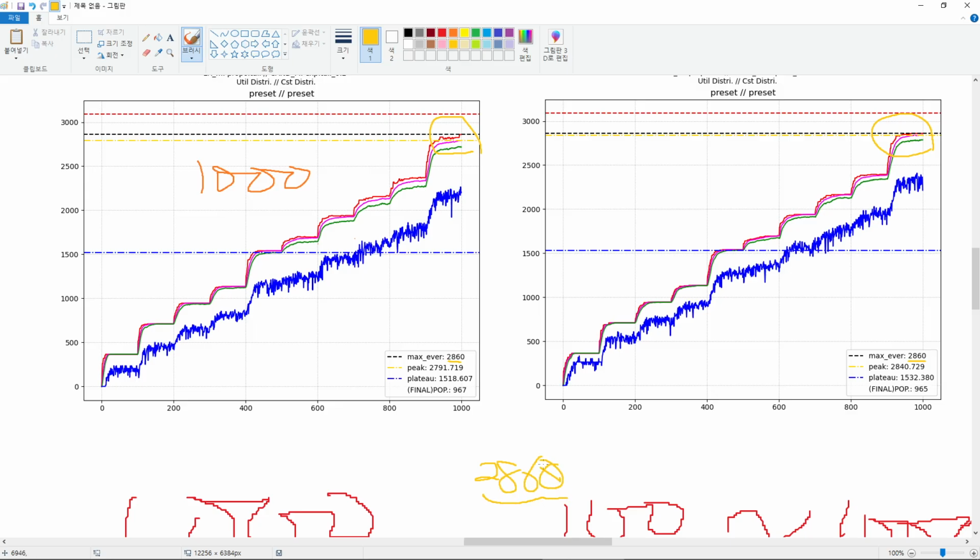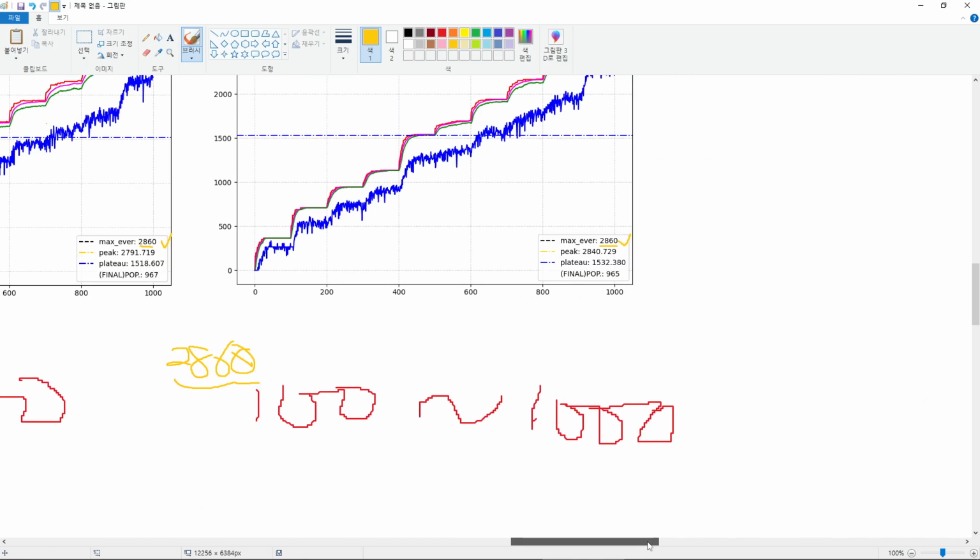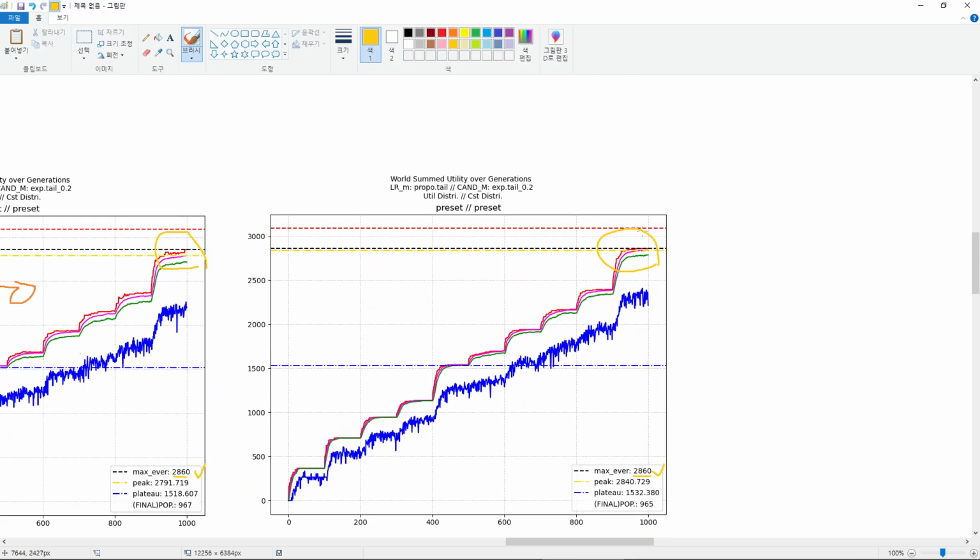I still thought that, but anyway, they still did converge to 2060. Not exactly the true ceiling, but I'll get to that later. But here, if I have incremental population sizes, the entities converged a lot earlier than before.